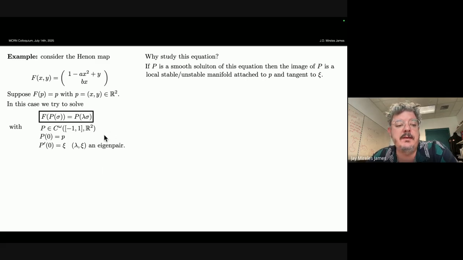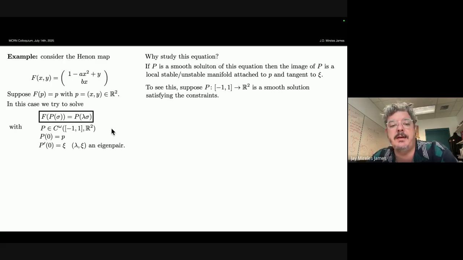I'm choosing the parameterization capital P first to fix these first order terms. To see this, let's just pretend we have a solution to the functional equation.